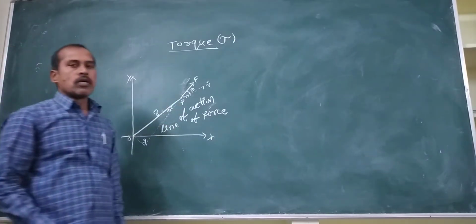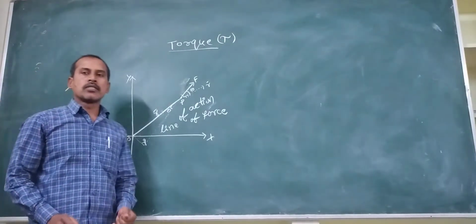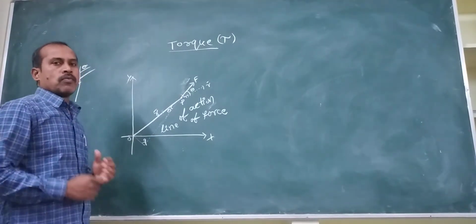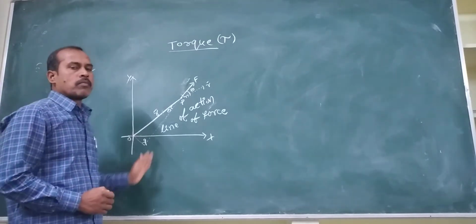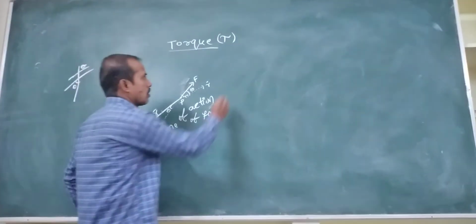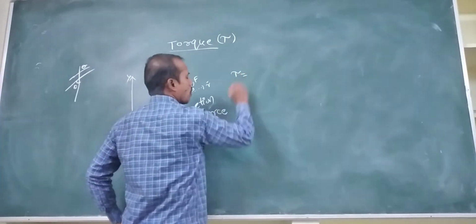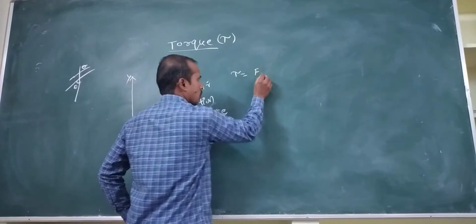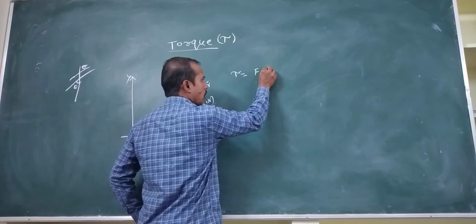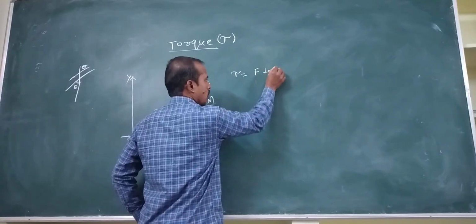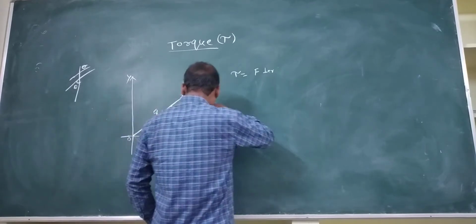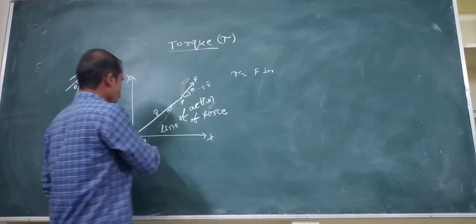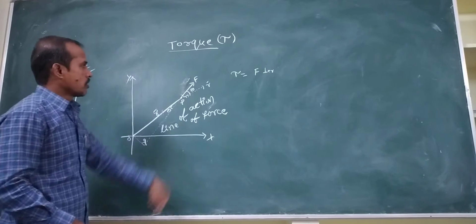According to the torque formula, torque is equal to the magnitude of force into the perpendicular distance of the line of action of force. That means torque is equal to force into the perpendicular distance of the line of action of force.